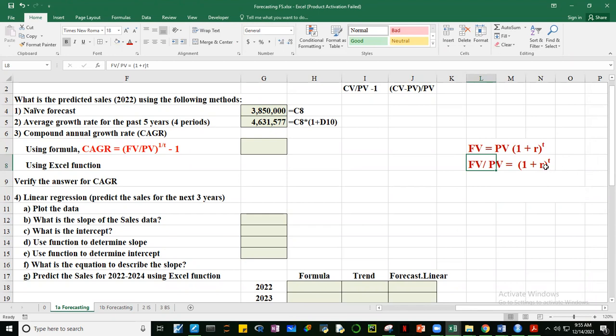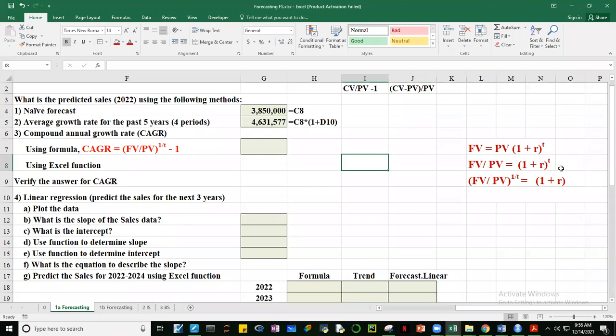And then to solve for R, guys, we have to make sure that we, quote unquote, remove the exponent. And how do we cancel out the exponent? Basic algebra, guys, we raise our right-hand side to 1 over t.